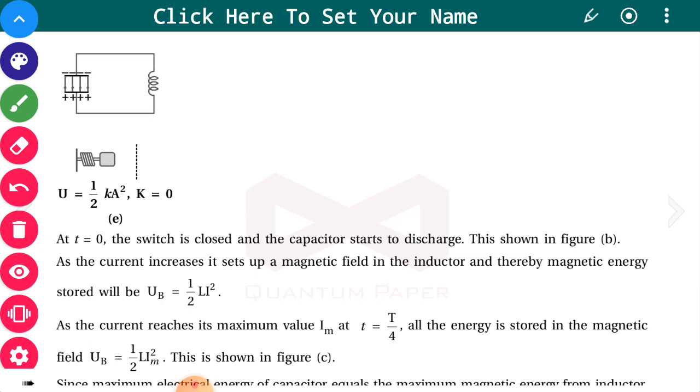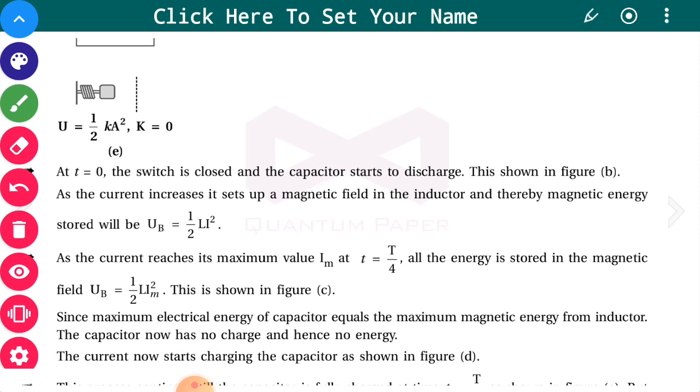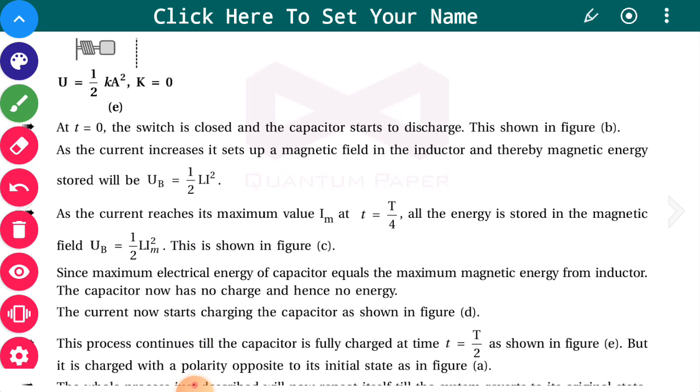And then again in the magnetic field maximum energy is there, then it reduces, and again the energy is associated with the capacitor after every T by 4 time interval. Okay, total time is T. Current reaches its maximum value Im at every T by 4.